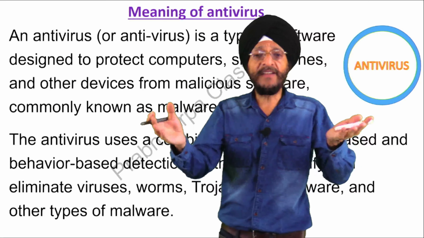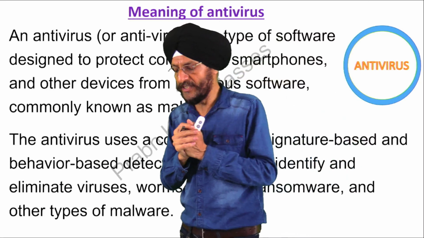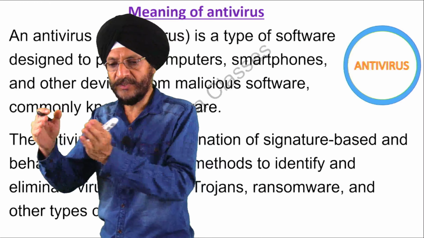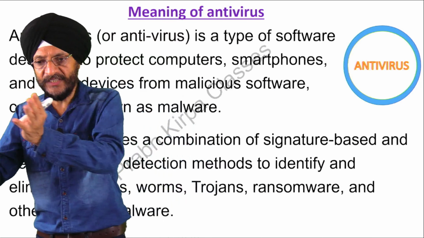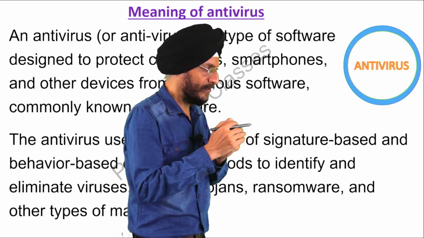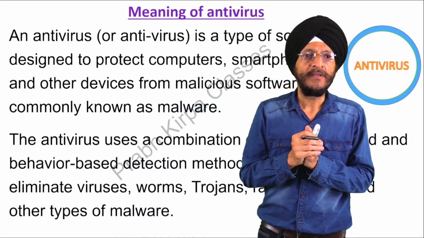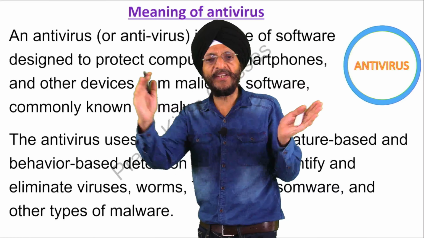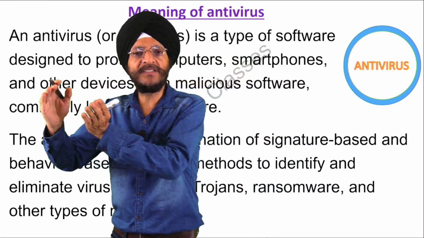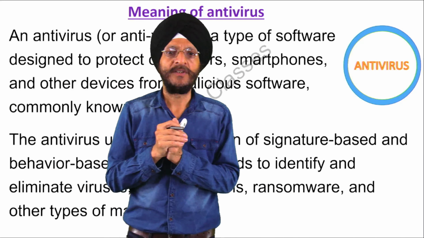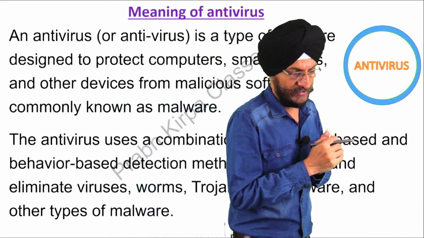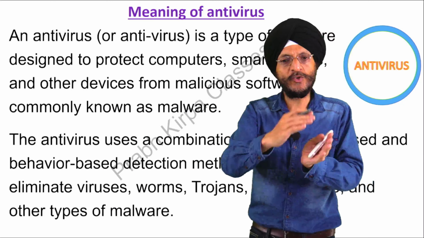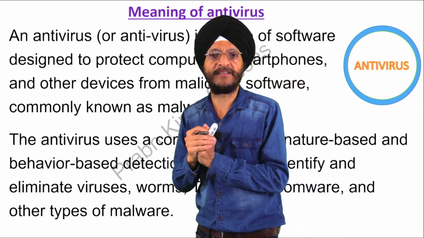Now, how does the antivirus protect our computer system from viruses or other types of malicious software? The antivirus uses a combination of many techniques or technologies to protect our computers and the data stored therein from the cyber attacks.